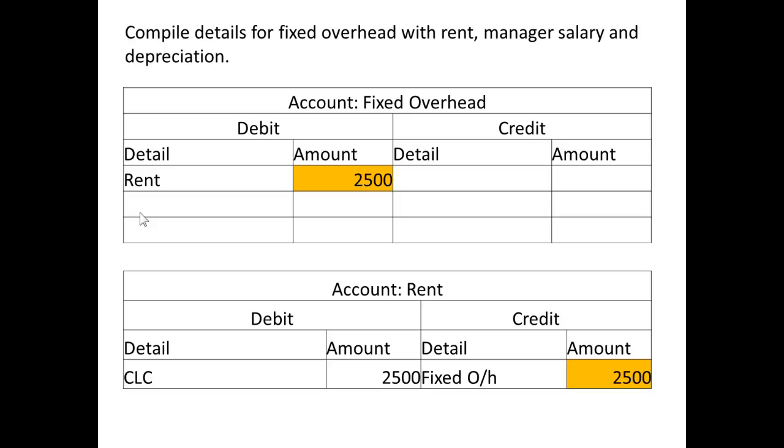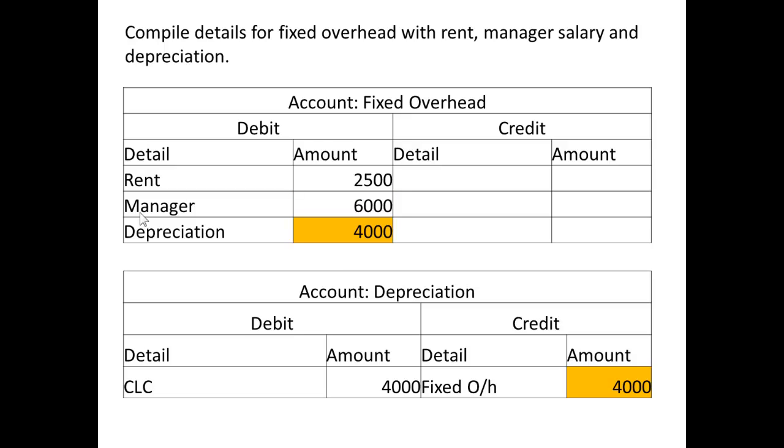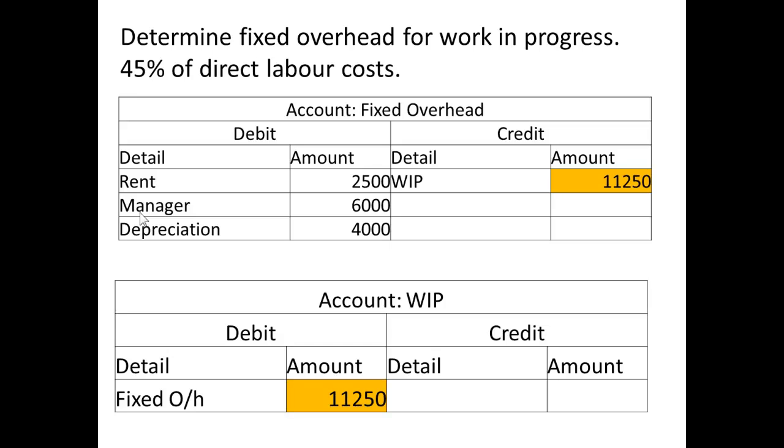Okay, now let's start putting together the details that we need for the fixed overhead. We're going to take the rent, so we debit the fixed overhead and credit the rent. The manager's salary, which is part of fixed overhead, so debit fixed overhead, credit the manager's salary. Depreciation, debit the fixed overhead, credit the depreciation account.